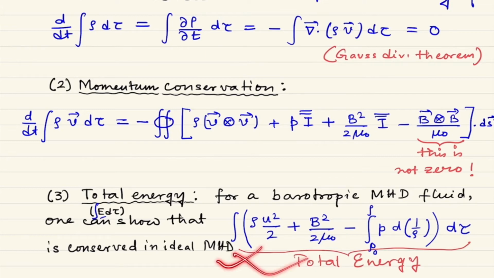So these will give us the total energy, and people have already succeeded in showing that this is an inviscid invariant. Now in our lecture we will try to show that.